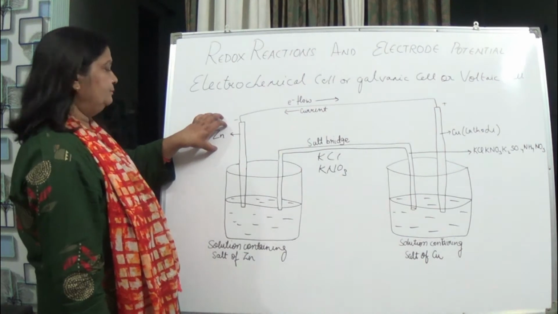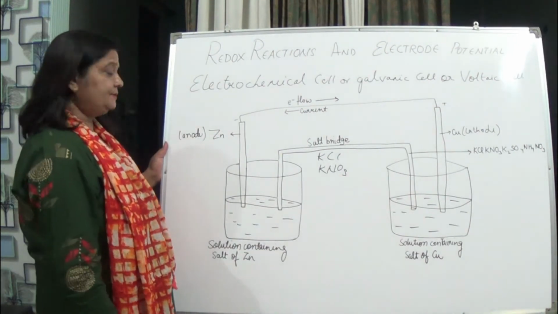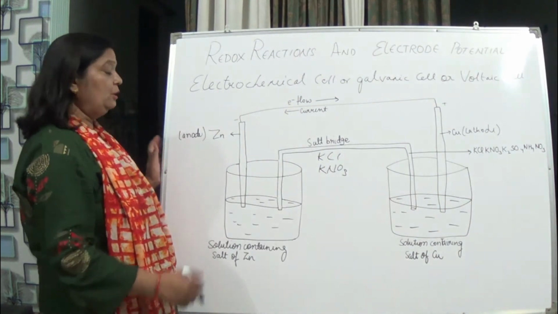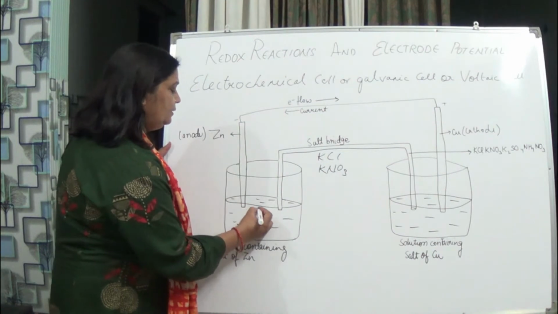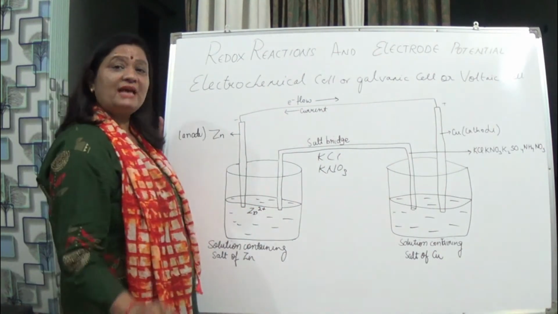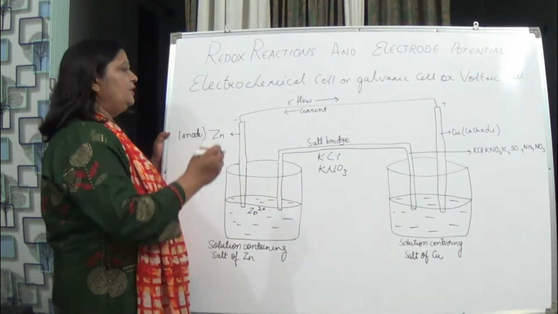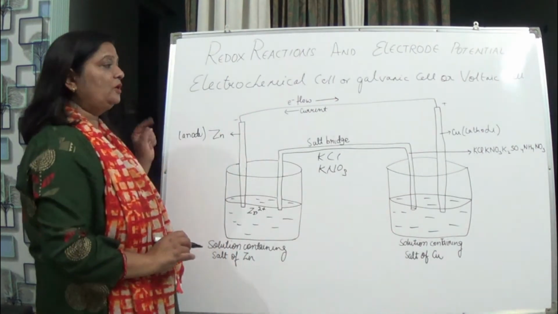Now, what happens here? Zinc comes above in the electrochemical series. Naturally, it will lose electrons and form Zn2+. So the two electrons have been released and move to the cathode, that is copper.